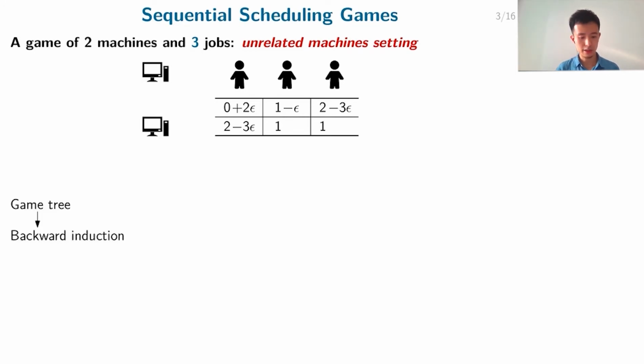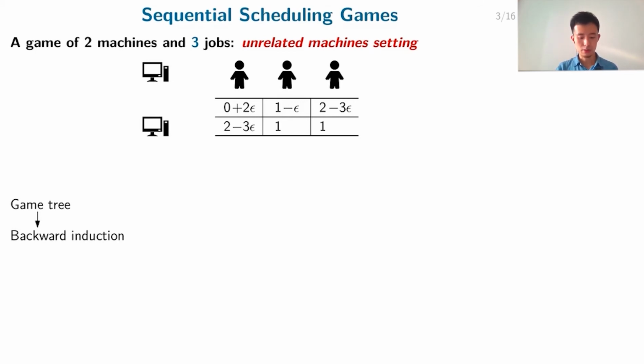Note that in this game, each player knows all the information of the other players and believes other players will make rational decisions just like him. For example, when player 1 makes a decision, he will take the behaviors of the following players into account. Therefore, in a sequential game, it is standard to draw a game tree and conduct backward induction to find the equilibrium.